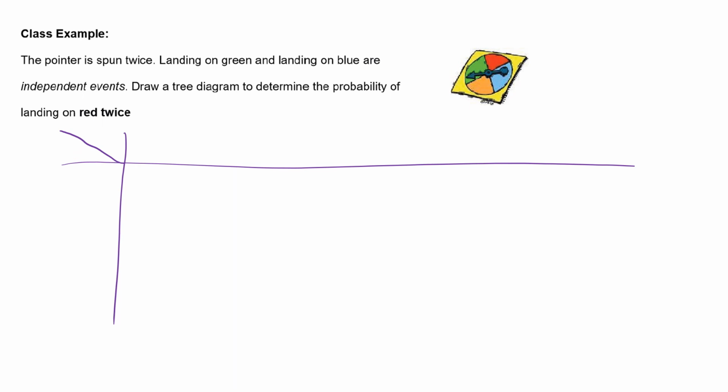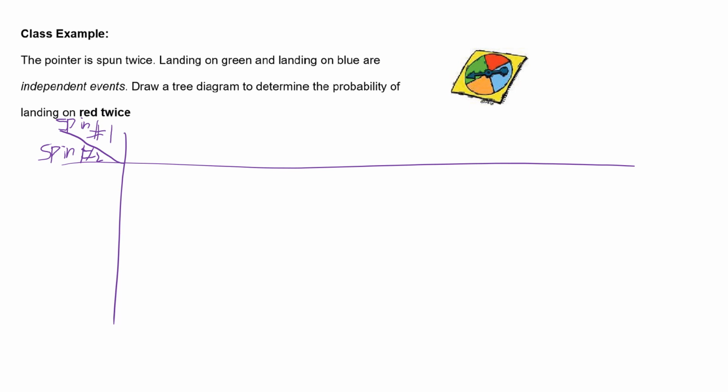Now you can copy some of the outcomes, ladies and gentlemen. I like to use my horizontal column as spin number 1, and the vertical as spin number 2.